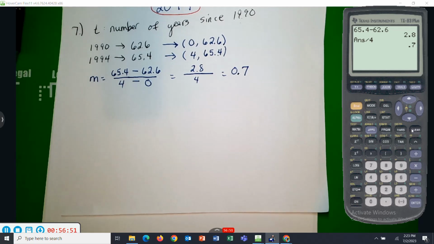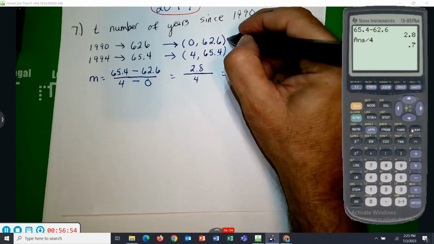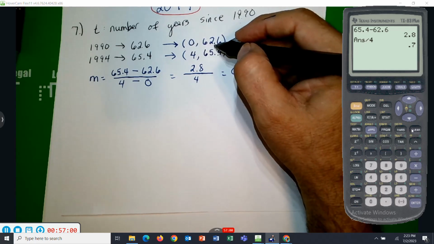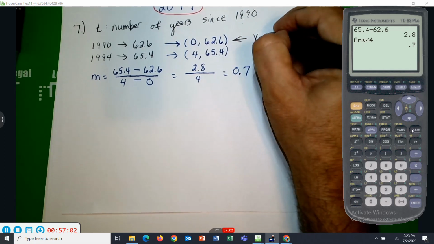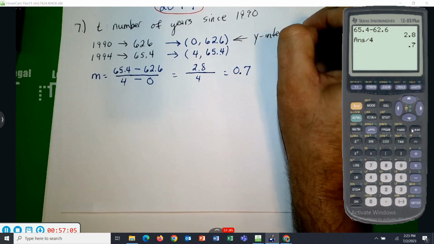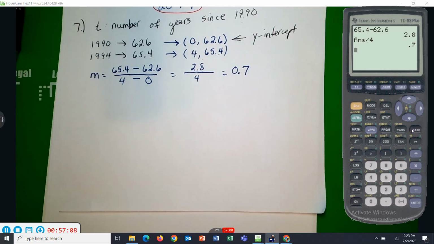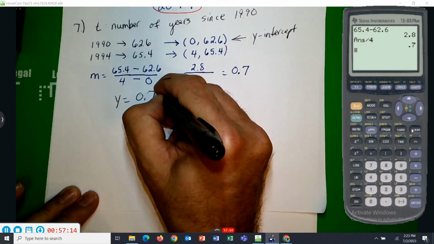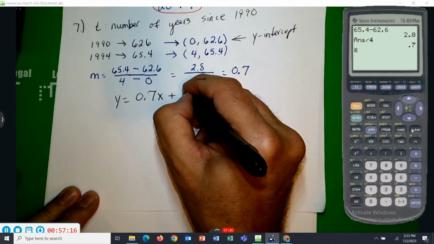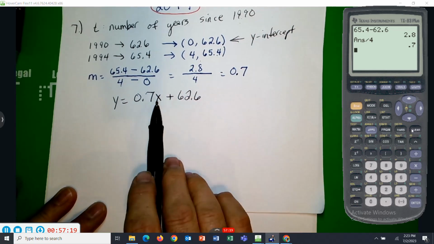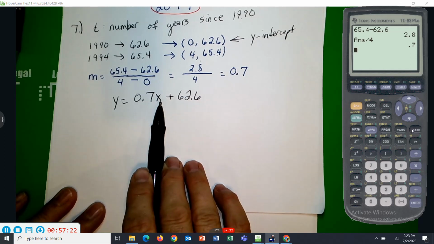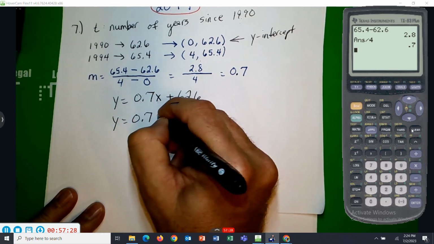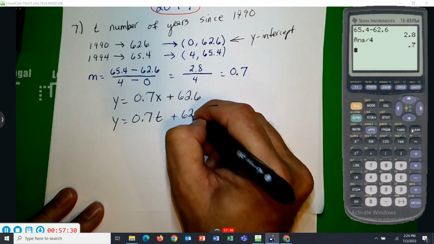And to write the equation, here's the y-intercept. Can y'all plot that point in your head? Over 0, up 62.6. Isn't that where the graph crosses the y-axis? So y equals mx plus b. Oops, I did it again. I wrote an x, and what should our variable be? T. 0.7t plus 62.6.